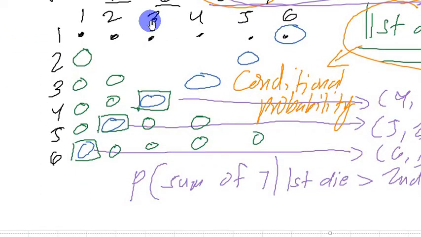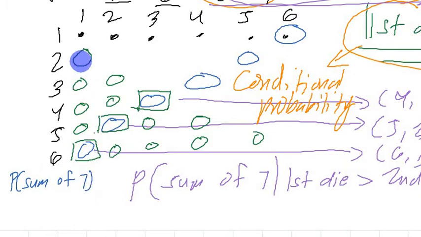So the events that actually happened are the ones in blue, which is the probability that you're going to get a sum of 7 when you throw two fair dice, and the one in green, which is the probability of when you throw two dice, the digit in the first die is greater than the digit in the second die.